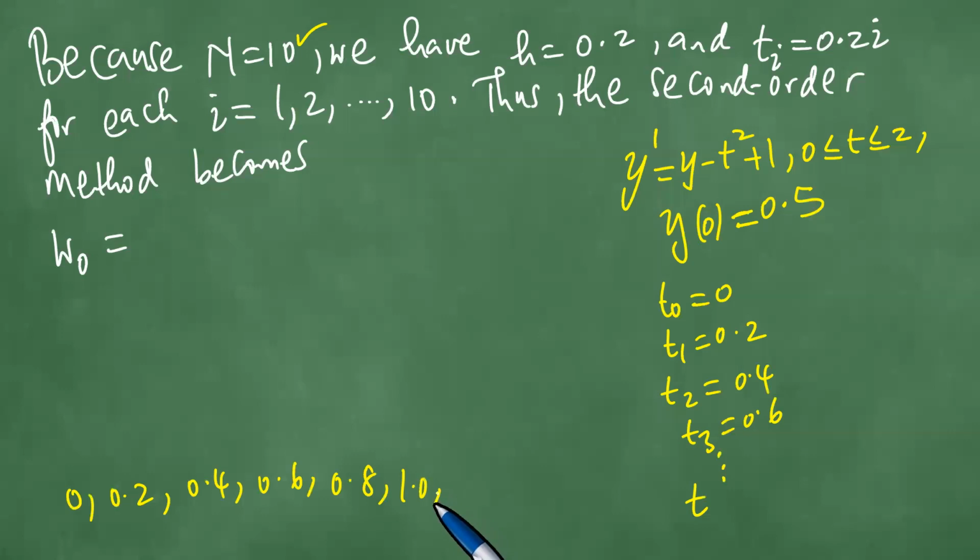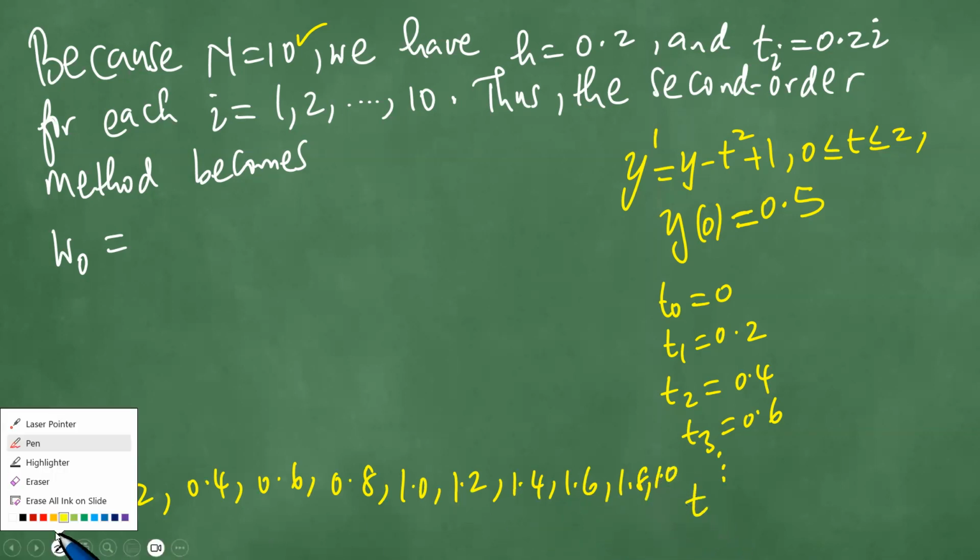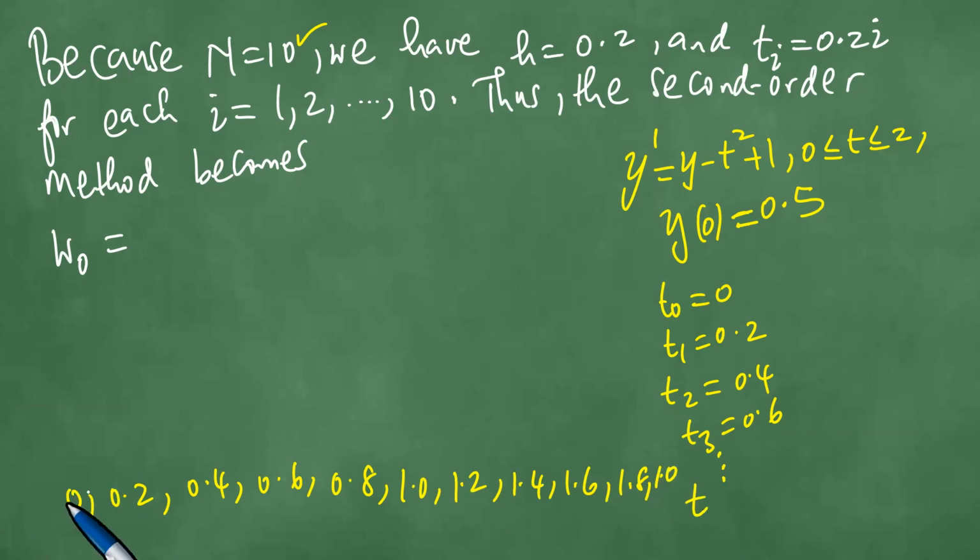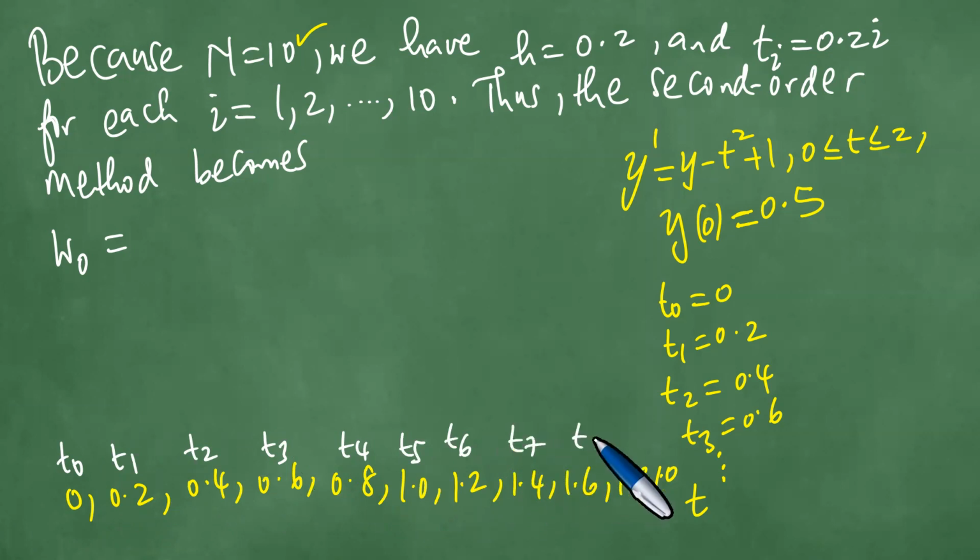We must go from 0 up to 2, so which means 1.2, 1.4, 1.6, 1.8, 2.0. Now, look at this: T0, T1, T2, T3, T4, T5, T6, T7, T8, T9, T10.